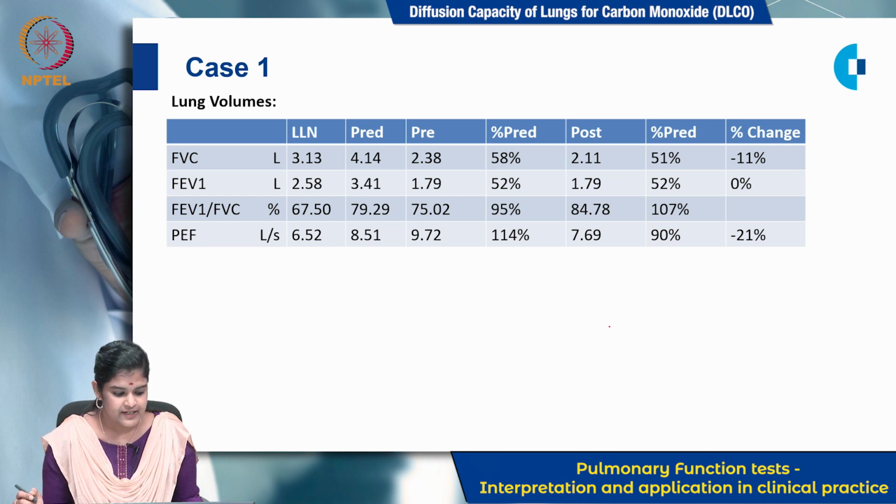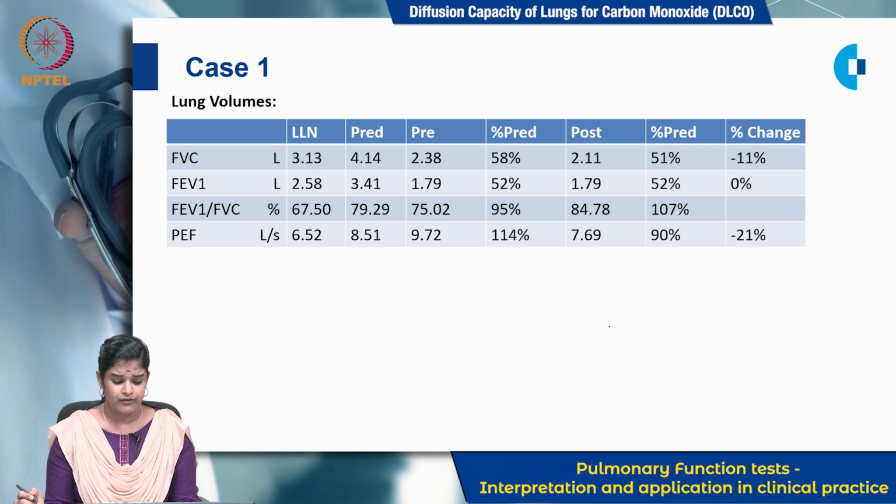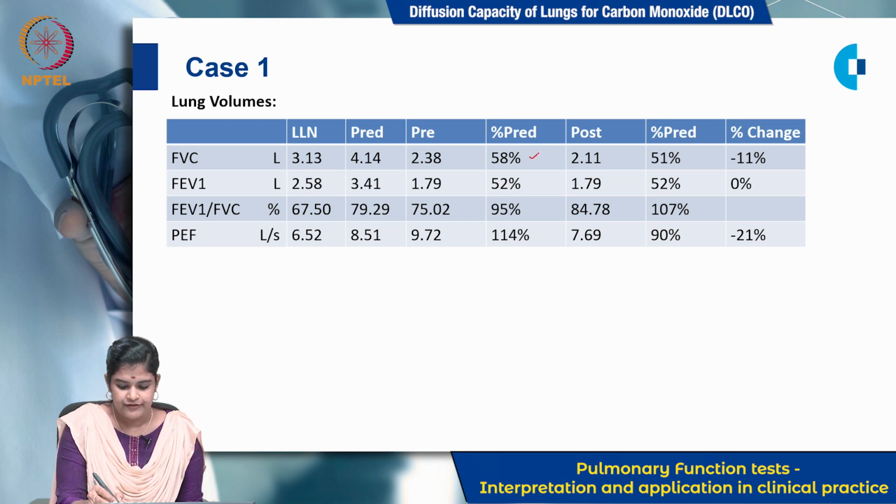So this is the first report of a patient who came with breathlessness. First, let us start interpreting the lung volume. So here we have a pre and post bronchodilator response lung volume. FVC of this patient is 58% pre and 51% post.